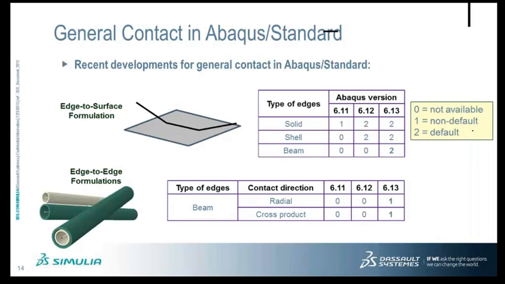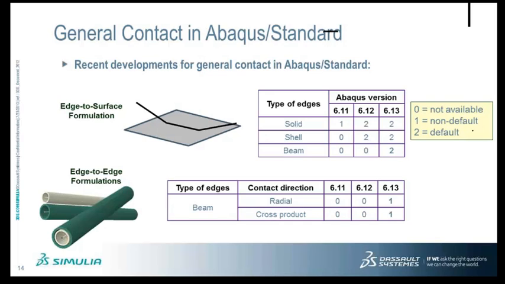It has been available in Abaqus Explicit for a longer period of time. And we've continued to enhance and add to the capabilities for general contact in Standard. And in 6.13, the focus of the enhancement was allowing general contact for beams. We're focusing on edge-to-edge interactions as well as edge-to-surface interactions.